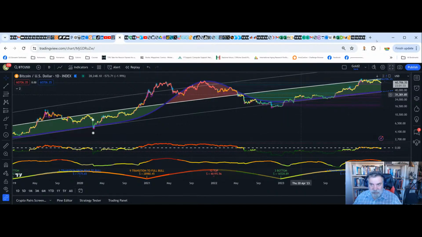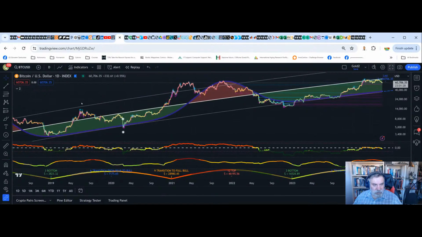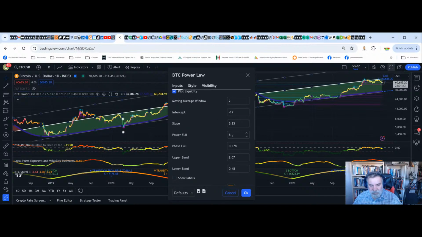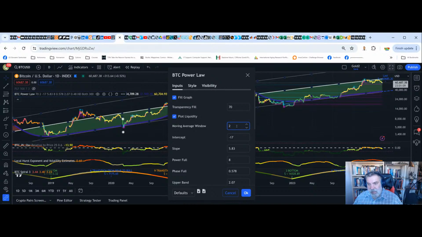We can even show it here because this indicator allows us to take moving averages. So if I go under the bolt here, you see how I can have different averages. Right now the moving average is 2, so this just moves the price a little bit.